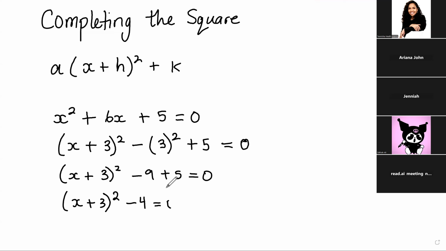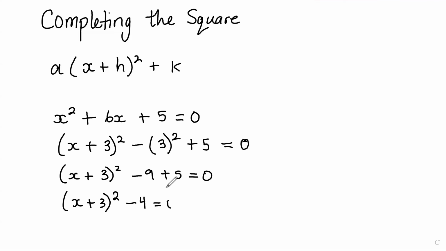From this point where I have (x + 3)² − 4 = 0, I'm going to solve it algebraically, right? Well, if (x + 3)² − 4 = 0, then (x + 3)² will be equal to 0 + 4, which gives me 4.